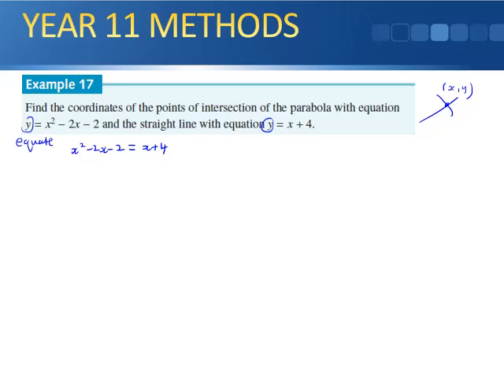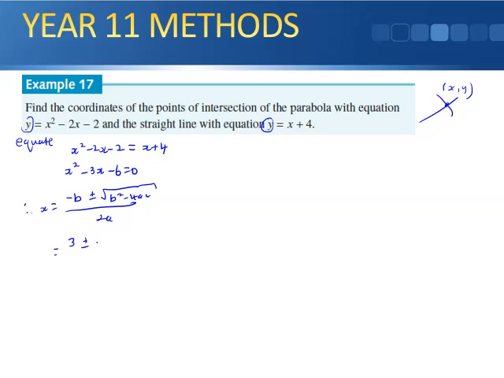And now move them over to the same side, so we get x squared minus 3x minus 6 equals 0. I have to factorize this one. Can't factorize this normally, so I'm going to use the quadratic formula. x equals minus b plus or minus the square root of b squared minus 4ac, all over 2a.